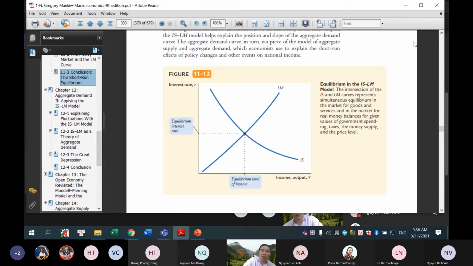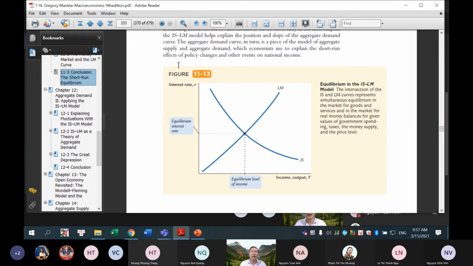So if you show these equations on the graph, you can see the equilibrium more visually. Here on the vertical axis is the interest rate. On the horizontal axis is income or output. They are the same, depending on the situation, because income equals expenditure and equals production. So any term you use is not a problem.